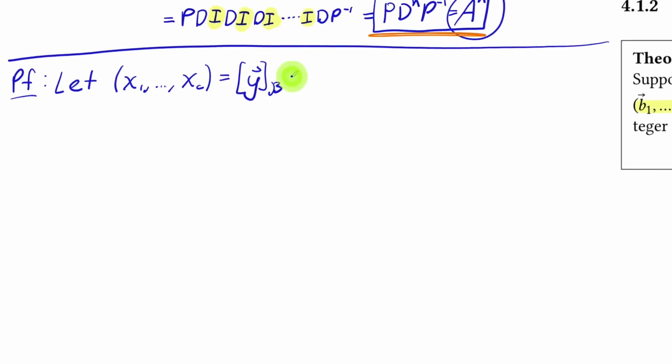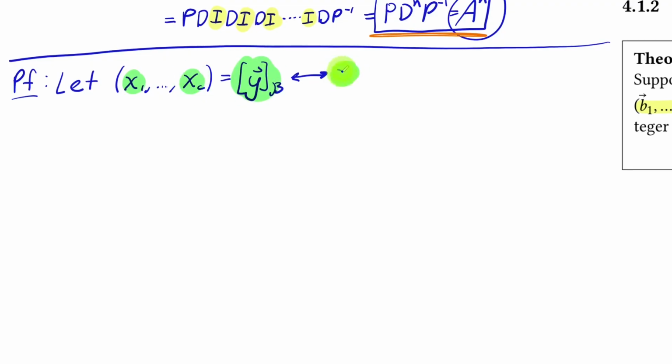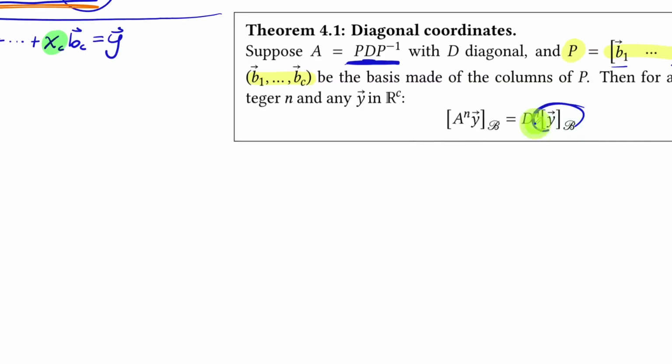This is just another way of saying that these coordinates, x1 through xC, are the weights that you would use when doing a linear combination of the B vectors to get y as a result. So this coordinate vector is like the solution of this vector equation, where y is the thing you want on the right-hand side.